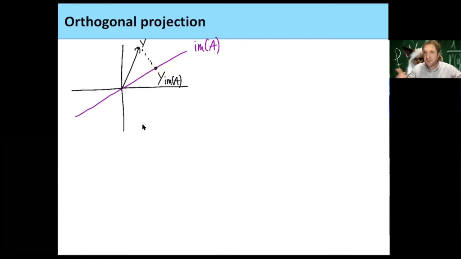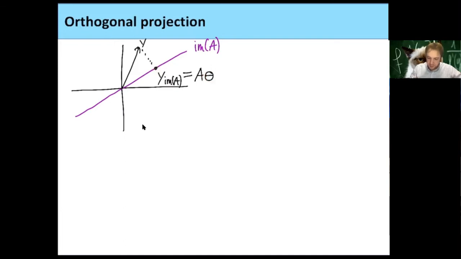What we want to find is the corresponding theta. And every element in the image of A is given by A times some theta. So actually, we want to find an element which we can write like A times theta. So A times theta is in the image of A, so this will give this point. And this is actually what we are interested in. We are interested in this theta.